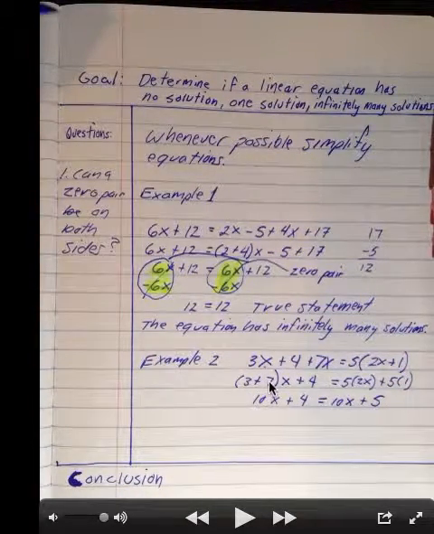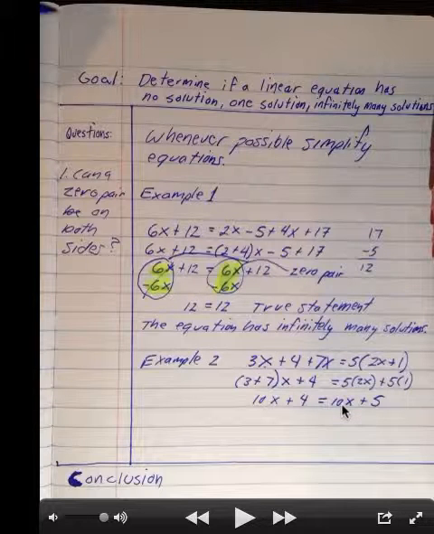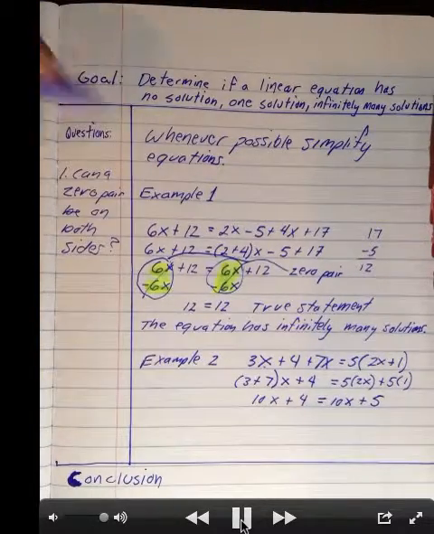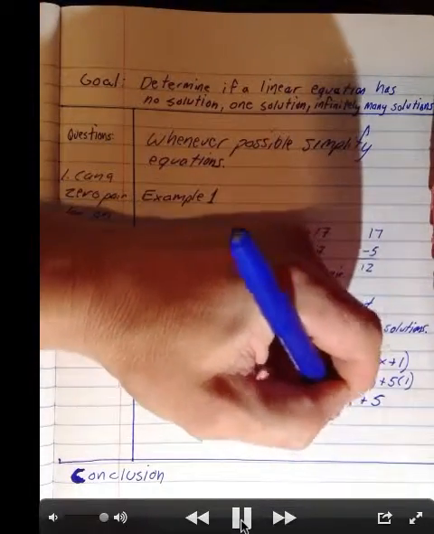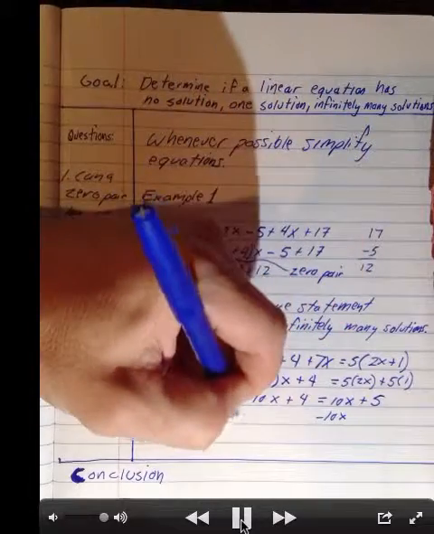Three plus 7 is 10. We bring the 4 down, so this is simplified. 5 times 2x is 10x. 5 times 1 is 5. We're going to again create a zero pair. To create a zero pair, we're going to subtract 10x.